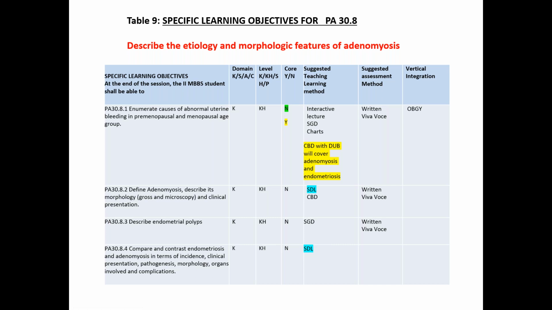Any suggestions? I think it gets covered. We can remove it. I have seen a lot of competencies and SLOs which they have described, and they have always mentioned compare and contrast. That's the reason I added this.